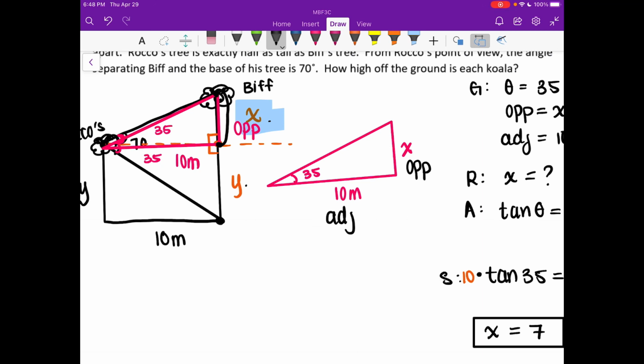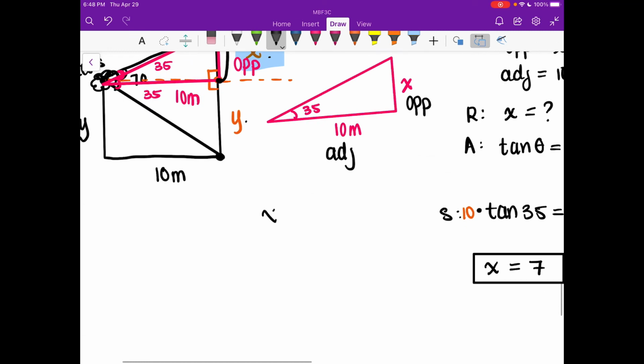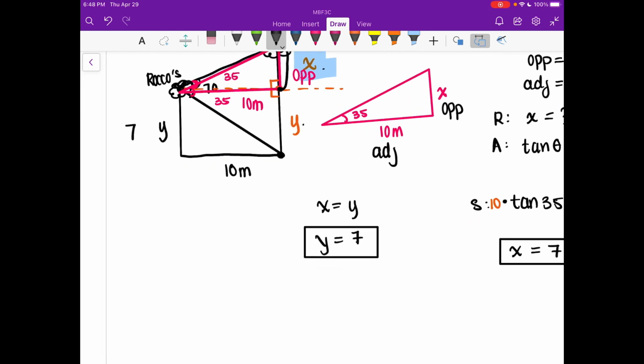Because X is equal to Y, Y is also equal to 7. So I know that Rocco's tree, which is the easiest one to solve because it's just the Y value, is 7 meters off the ground.